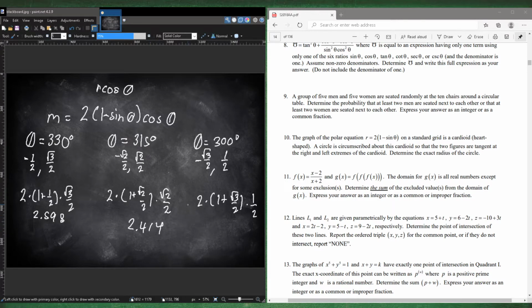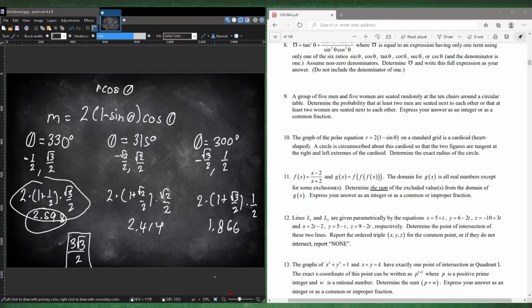And this, 2 times 1 plus square root 3 over 2 times 1/2, is equal to 1.866. So the maximum is obviously the first one, so we just need to simplify it to get our exact answer. The 2 cancels with this 2 to get square root 3. And 1 plus 1/2 is 3 over 2, so this is 3 square root 3 over 2. And that is your answer for number 10.